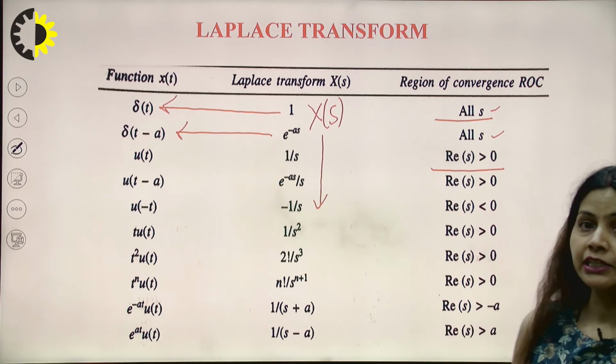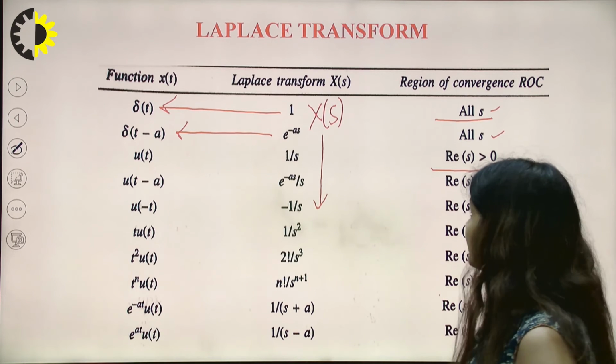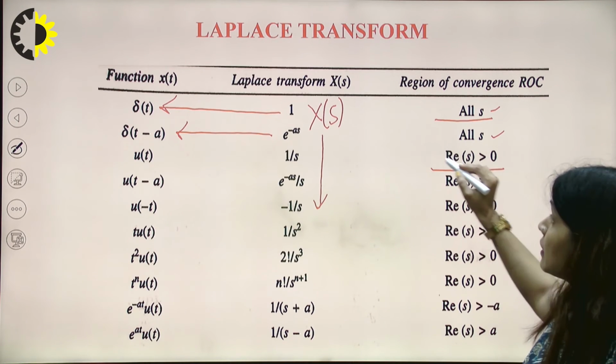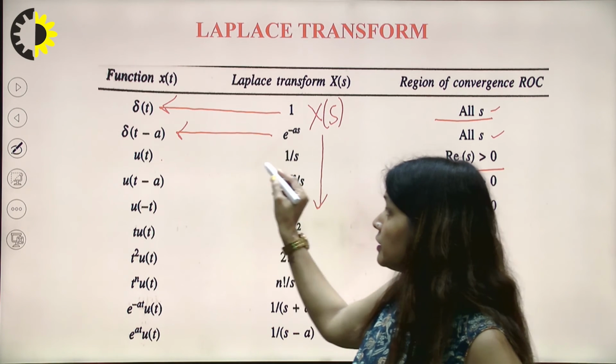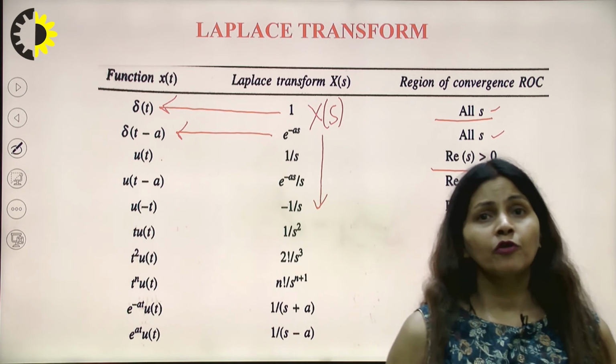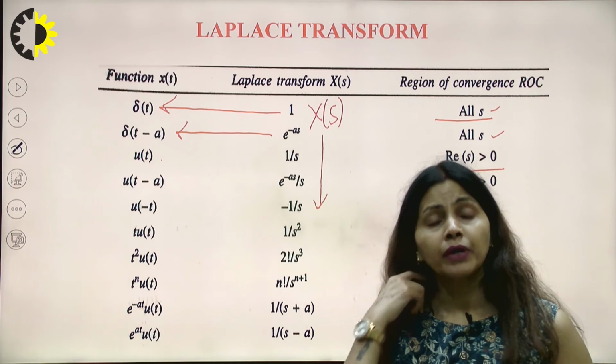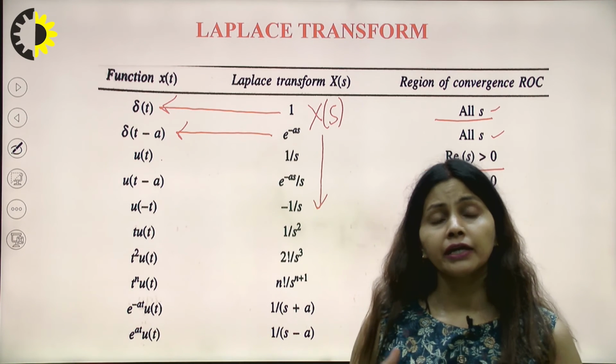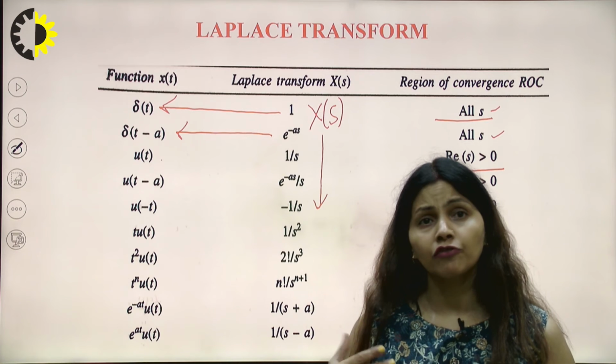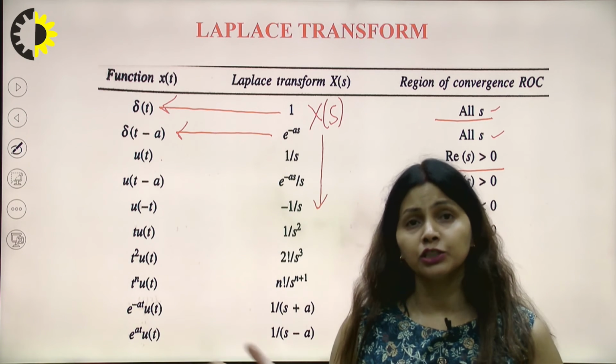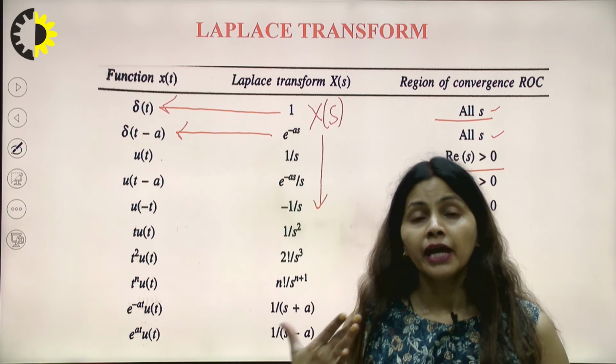In the previous lecture I have already explained that the Laplace transform of u(t) is 1 upon s, but it is only for the real part of s greater than 0. The region of convergence will be s greater than 0, that means the right side of the s plane.